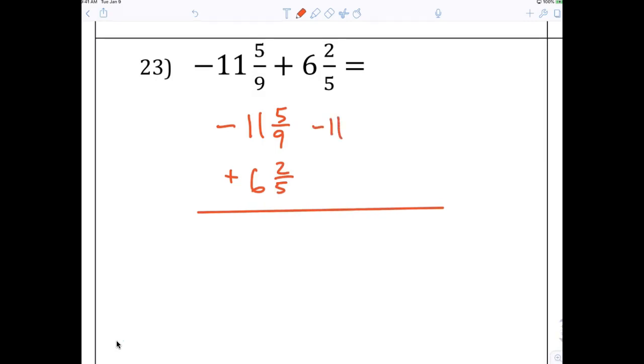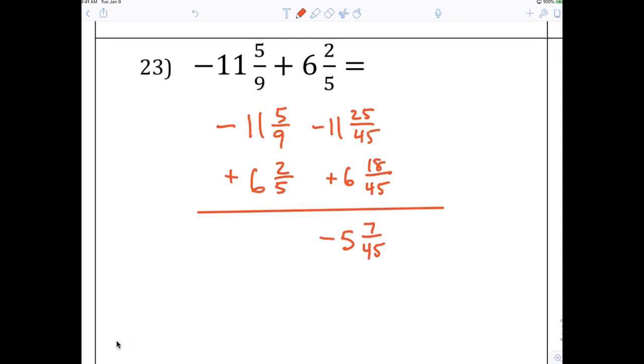So negative 11 and 25 over 45 plus 6 and 18 over 45. Keep in mind I'm doing what? Subtracting. 11 minus 6, 5. Negative 5 and 7 over 45.